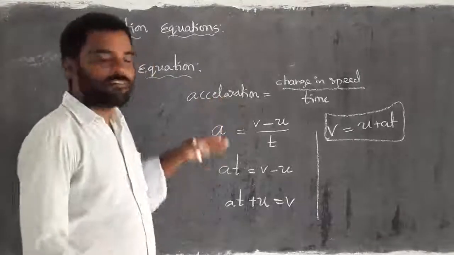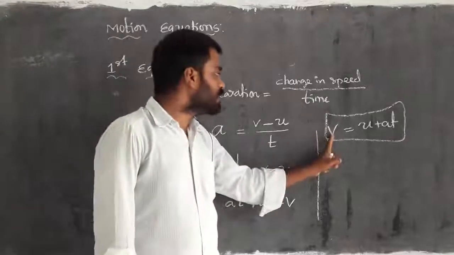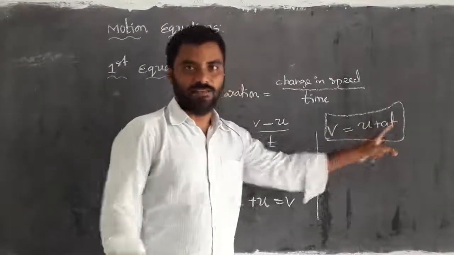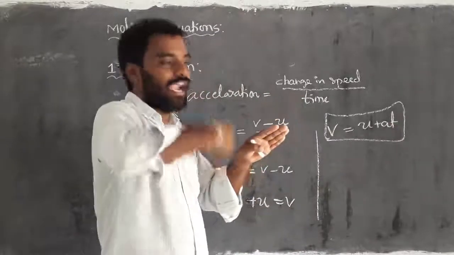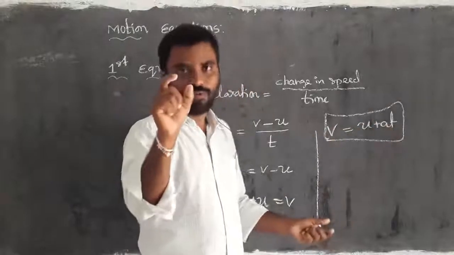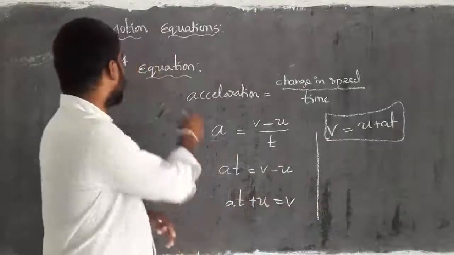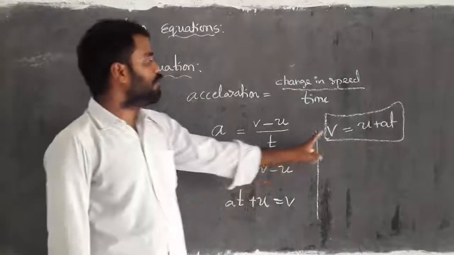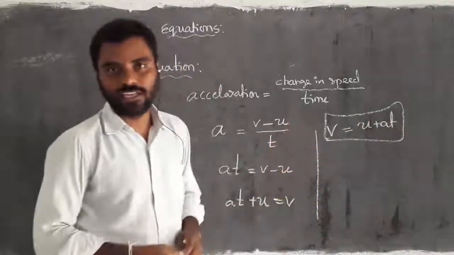So what is the first motion equation, or first kinematics equation? That is v is equal to u plus at. It means that for any object moving with an initial speed and acceleration, in a particular period of time we can find the final velocity. So the first kinematics equation is v is equal to u plus at. Have you got a clarity?